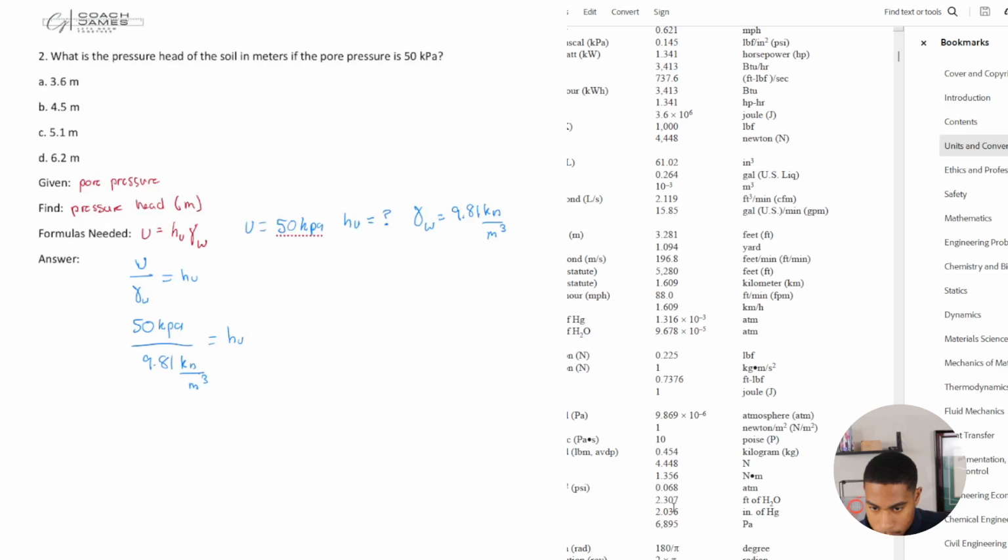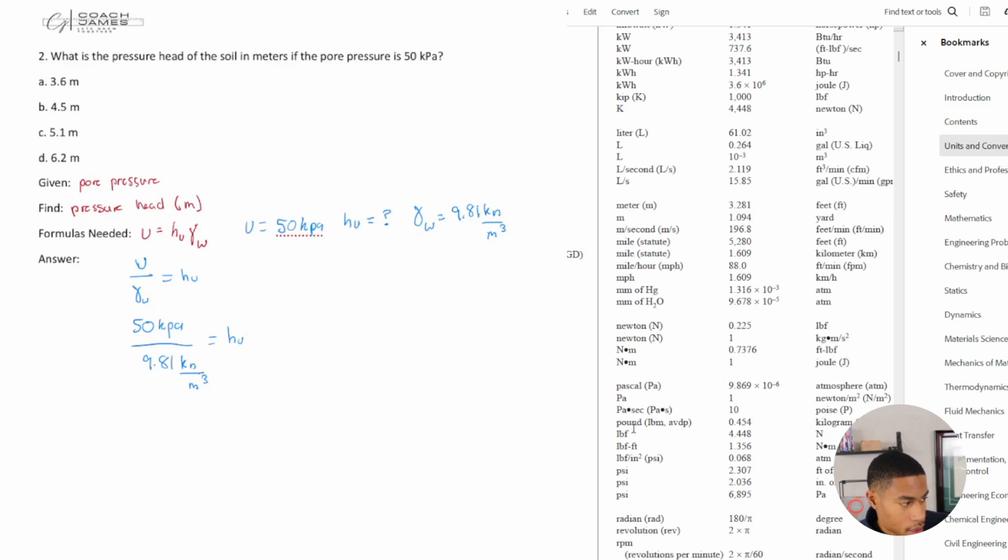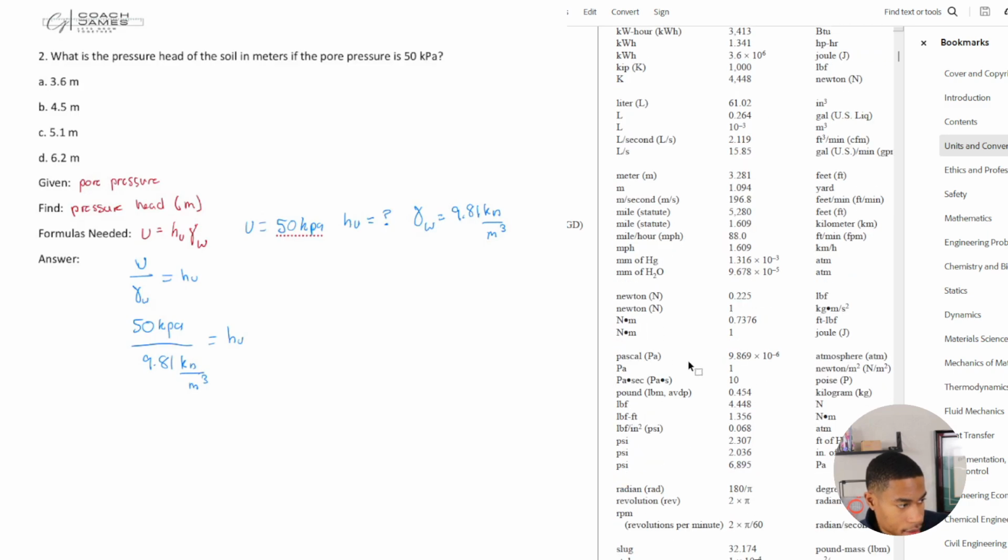So the one thing you want to pay attention to, and just remember for yourself, is that 1 Pascal is equal to 1 Newton per meter squared, right? So let's just do this conversion.